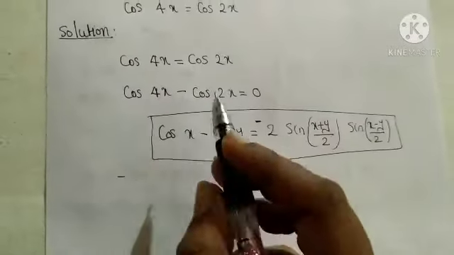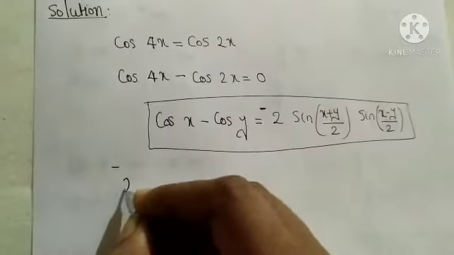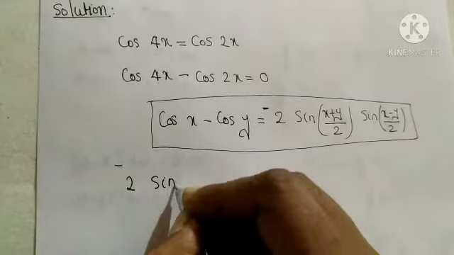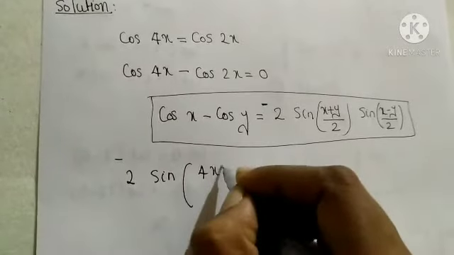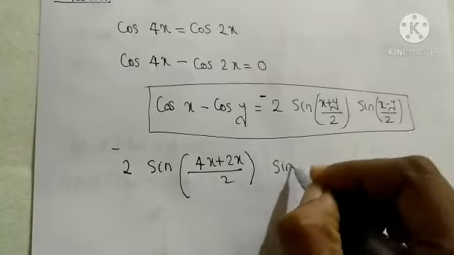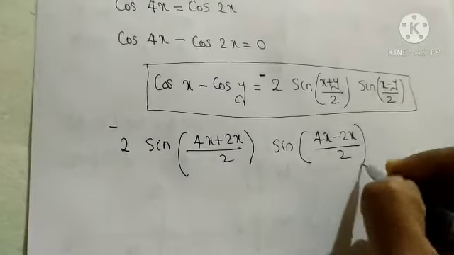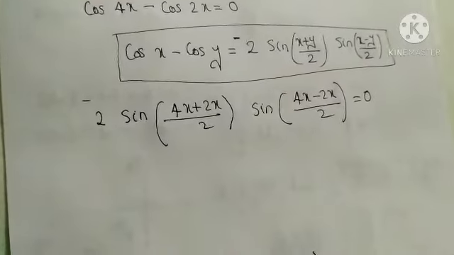So replacing x by 4x and y by 2x, here we get minus 2 sin (4x plus 2x) divided by 2 into sin (4x minus 2x) by 2 equal to 0.